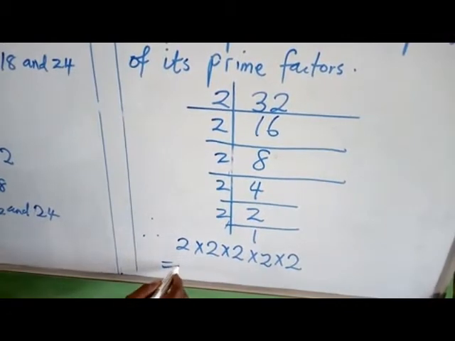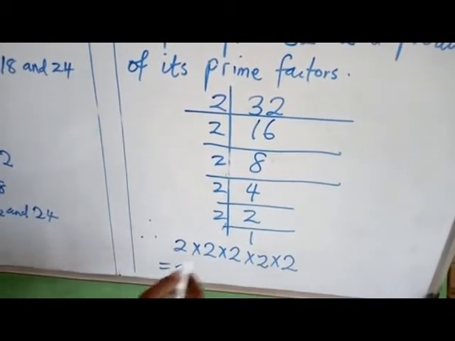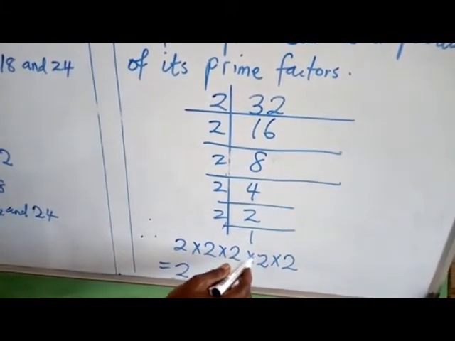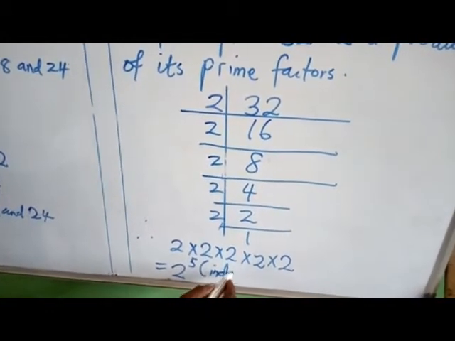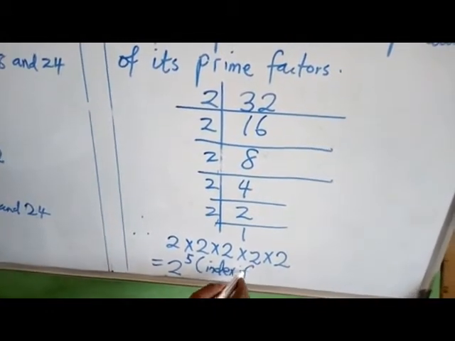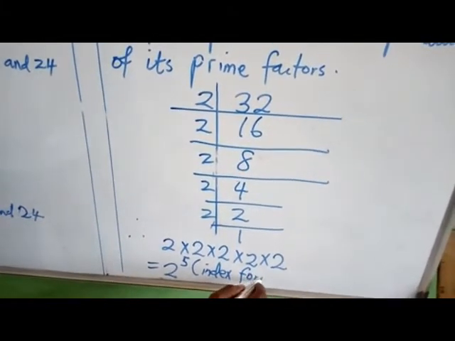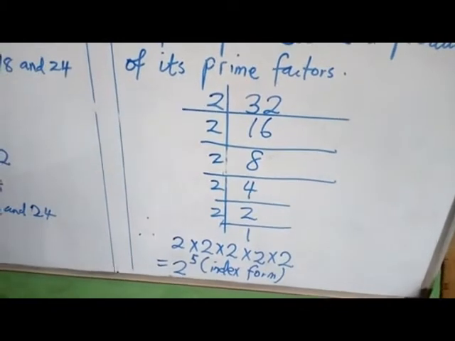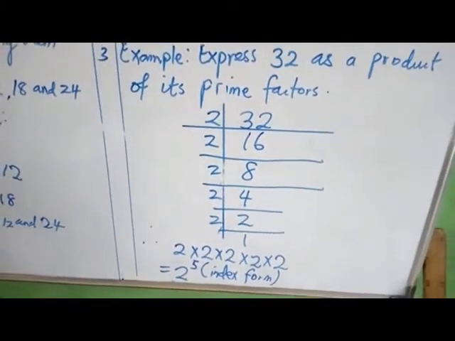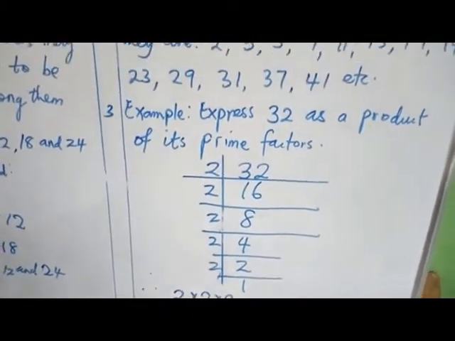The index form is 2 raised to the power of the number of 2s, which is 1, 2, 3, 4, 5. So this is written in index form. If you write it like this, you are correct. If you write it like this, you are correct. So this is the way you find prime factors.